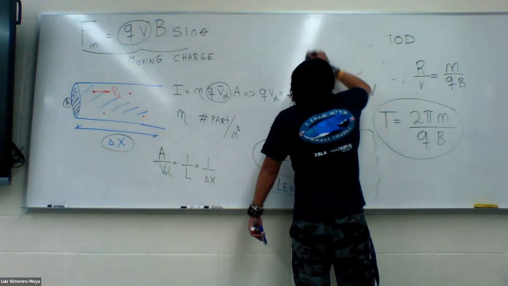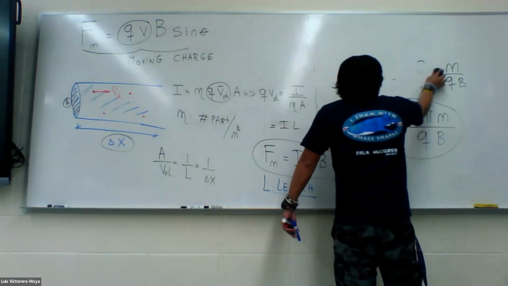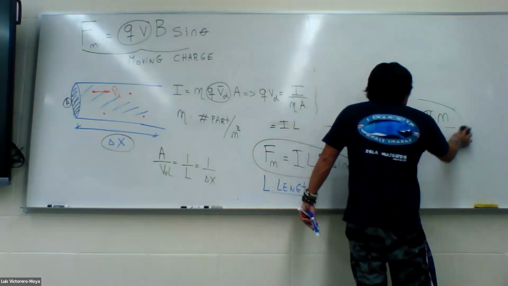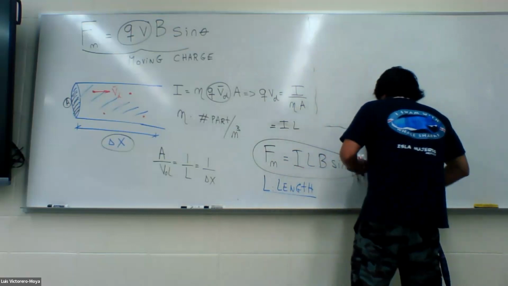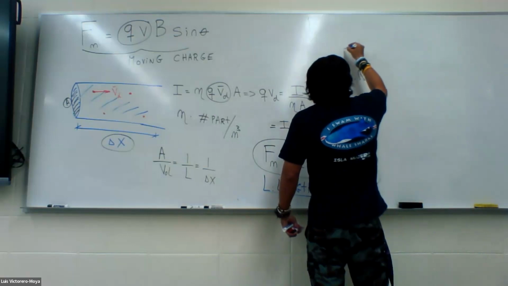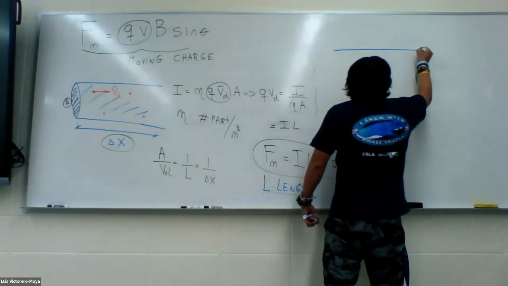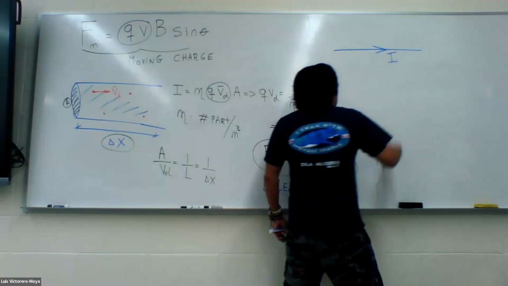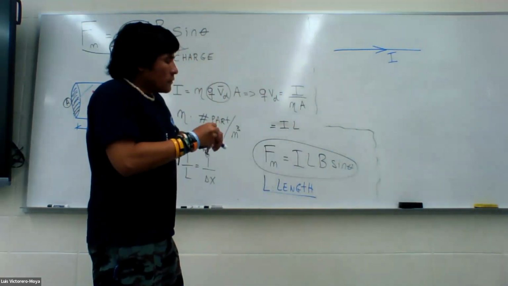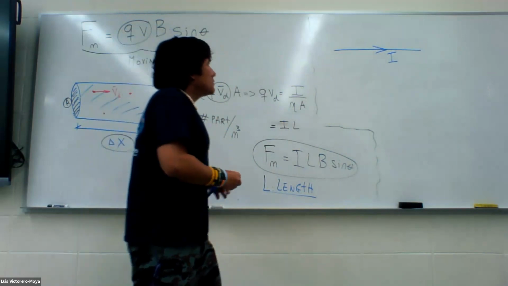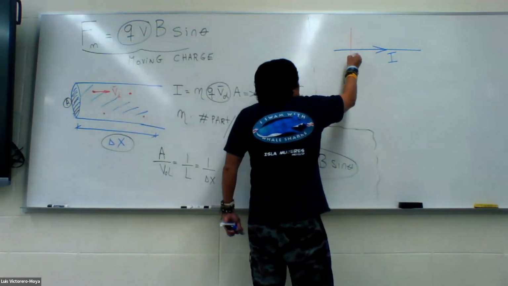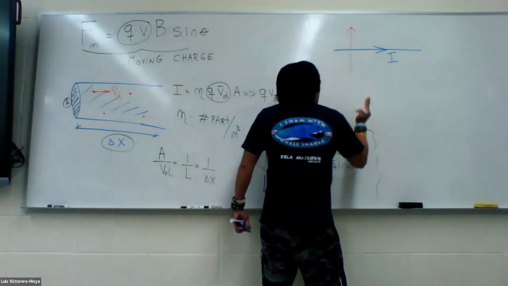The way you use the right-hand rule in that case, if you're given a current like this, and you are given a field, let's suppose it's going upwards.